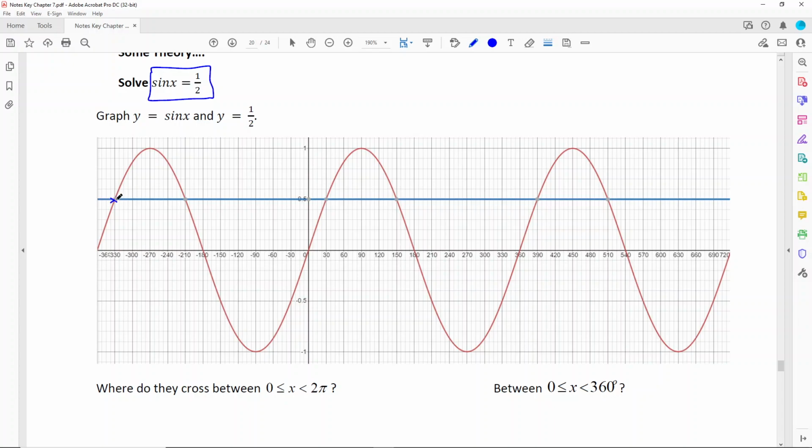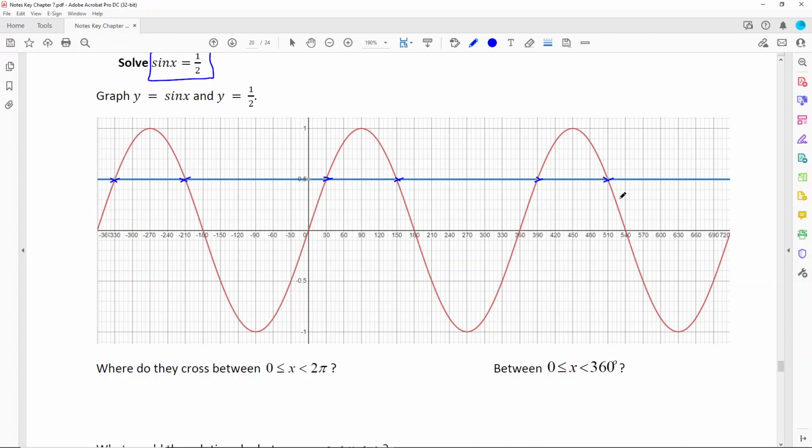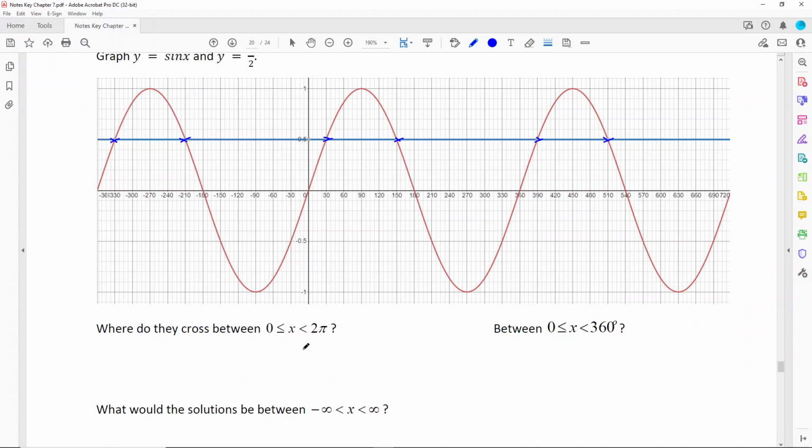You'll see we've got 1, 2, 3, 4, 5, 6 solutions shown. The question in your textbook will say something like solve sine x equals a half, and it'll either say solve between 0 and 2 pi, or between 0 and 360 degrees, or it'll say between negative infinity to infinity.